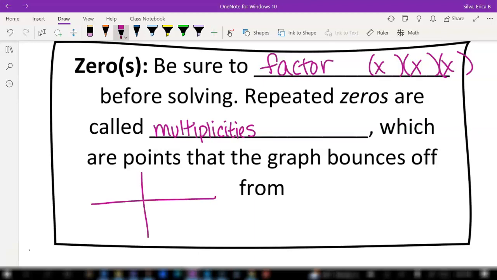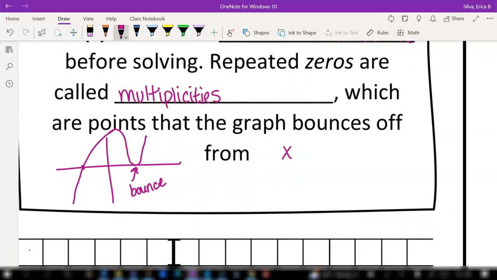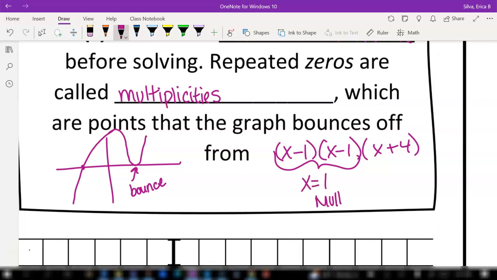So if we had an example like this, if it had a multiplicity of 1, or it just happened one time, it goes through the graph. But if it has a multiplicity of 2, it bounces off. So an example would be if we have, let's say, x minus 1, x minus 1, x plus 4. This would create the bounce, where x equals 1 has a multiplicity of 2.